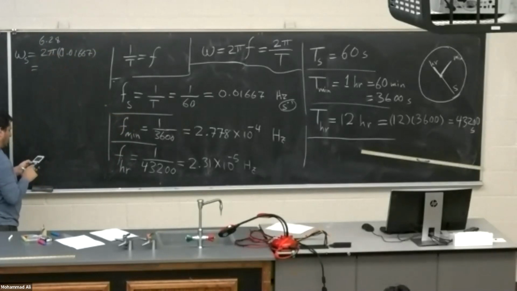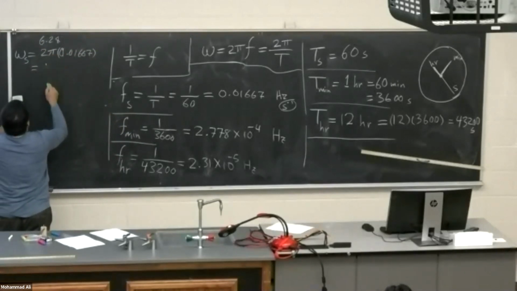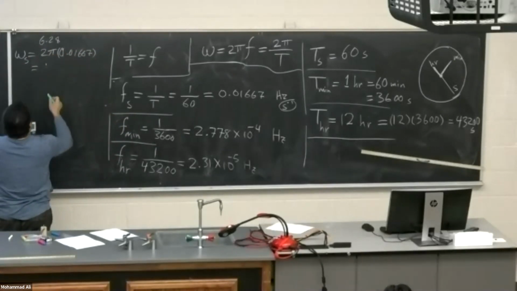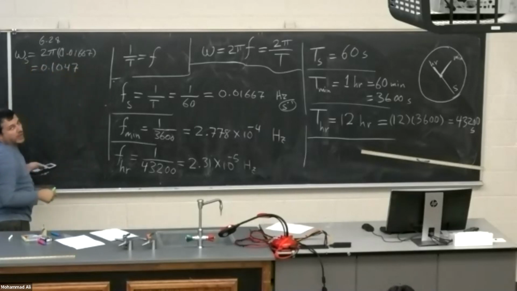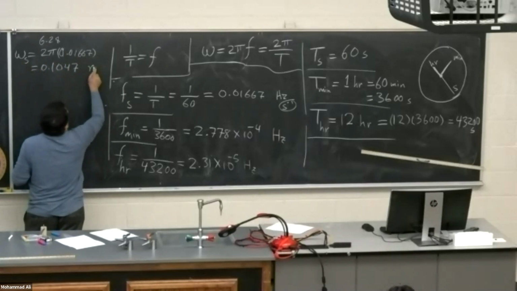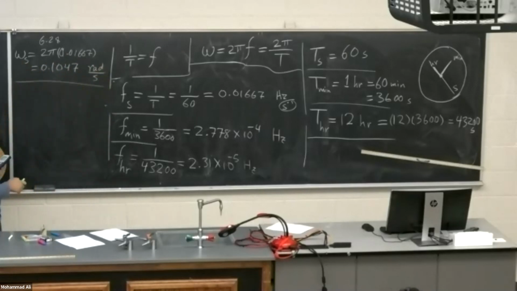So 2 pi multiplied by 1 over 60, simply, it is equal to 0.1047. What is the unit of angular velocity? It is radian per second. It is velocity, but it is a radian, not meter.